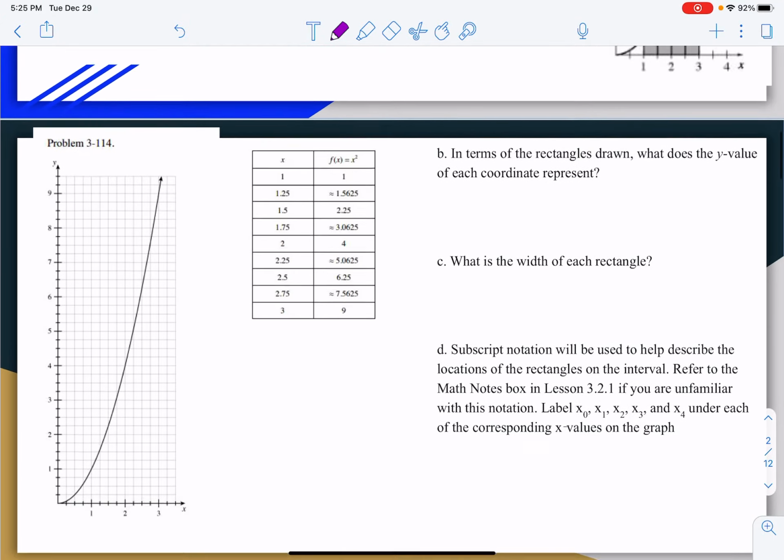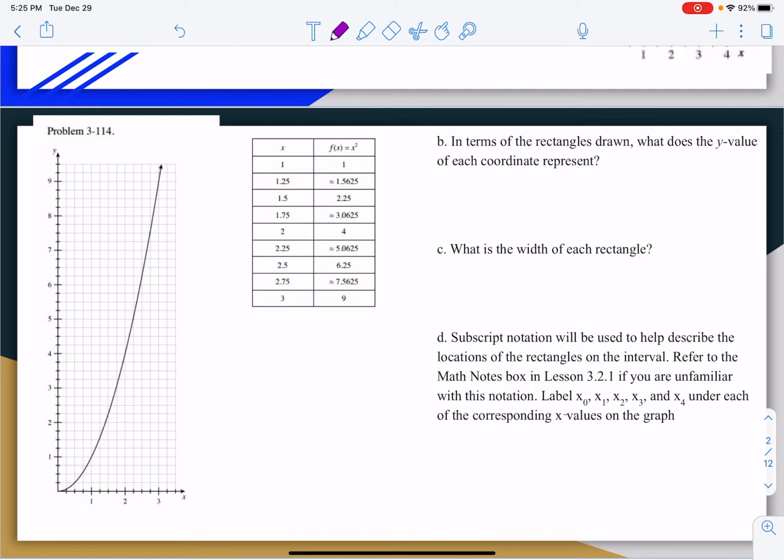So if we take a look at graphing that function, creating that table to get key values inside that curve, and looking at the questions in problem 14, the y value of each coordinate, so if we start to look at points on this graph, we have the point 1, 1.